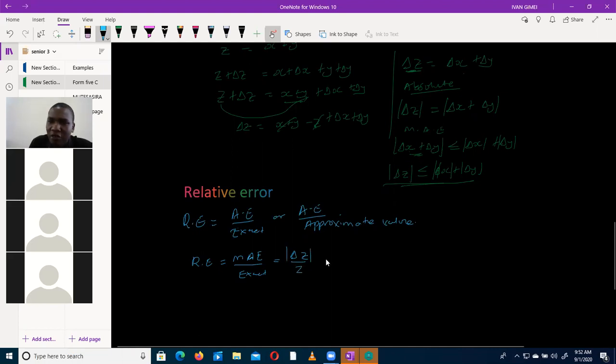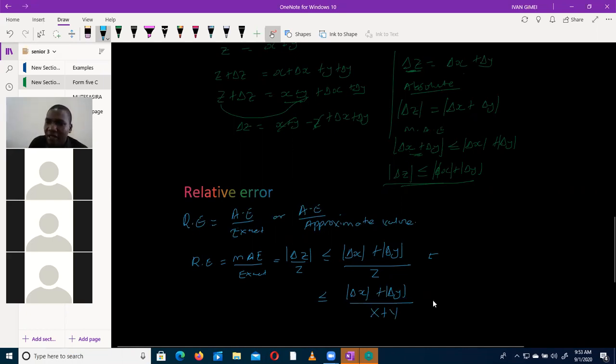It will be less than or equal to error in X modulus plus error in Y modulus divided by Z. But what's our Z? Our Z is capital X plus capital Y. And this will be less than or equal to the X modulus plus the Y modulus divided by X plus Y. That is our relative error, if we've used the exact value.